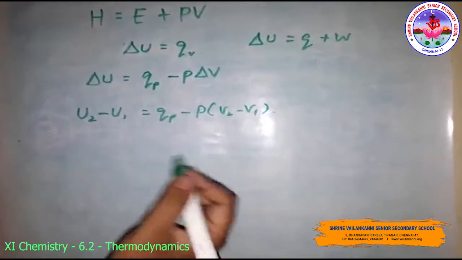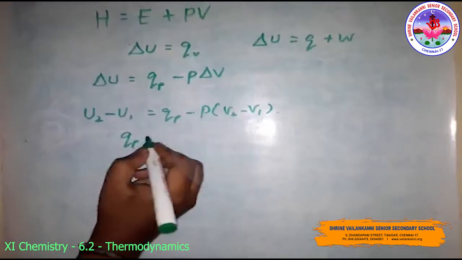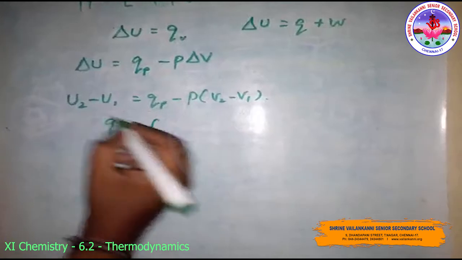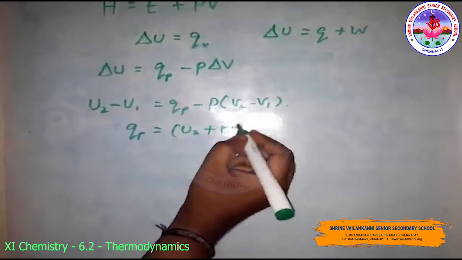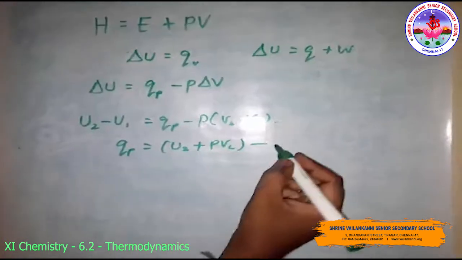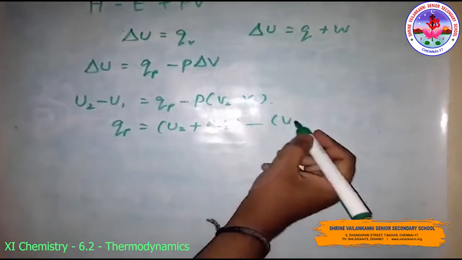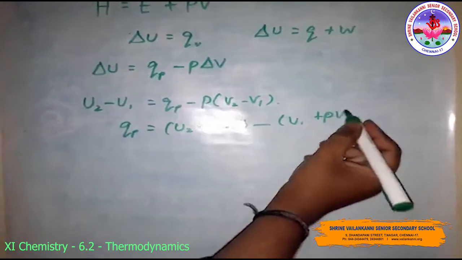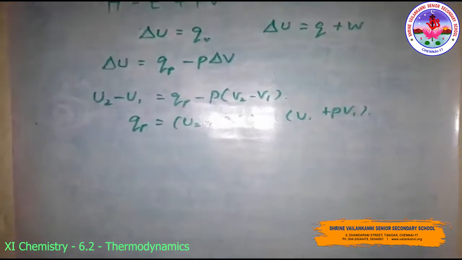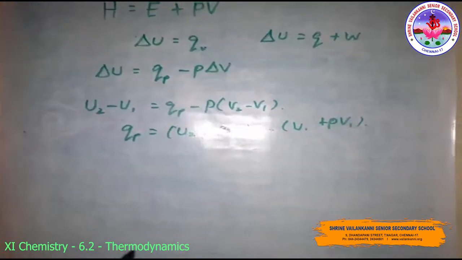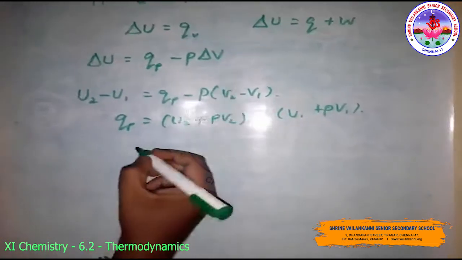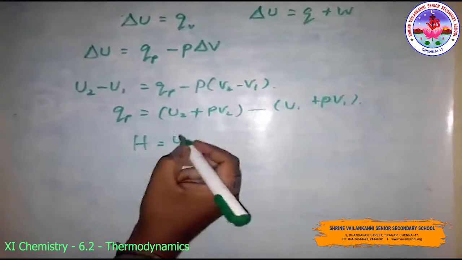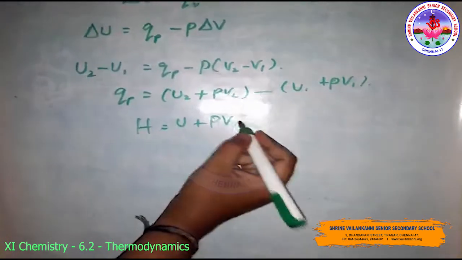On rearranging, we get QP is equal to U2 plus PV2 minus U1 plus PV1. Now we can define another thermodynamic function, that is enthalpy. H is equal to U plus PV.